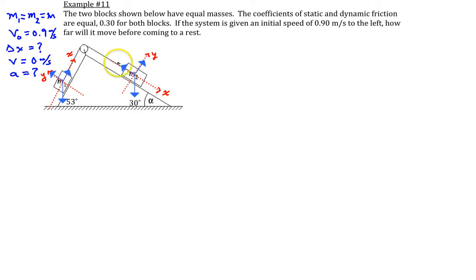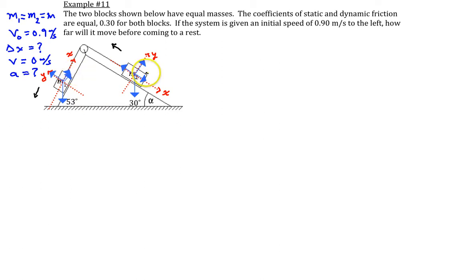Now remember that the system is moving up here and then down here, so it's moving towards the left. And so that means the friction would oppose the direction that it's sliding. And so we'll have another frictional force here, and we have a frictional force going here. So there are two arrows here.